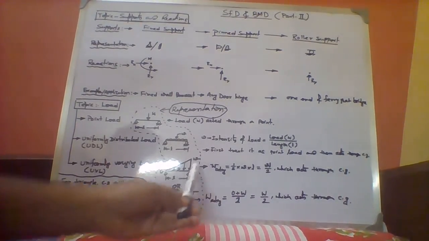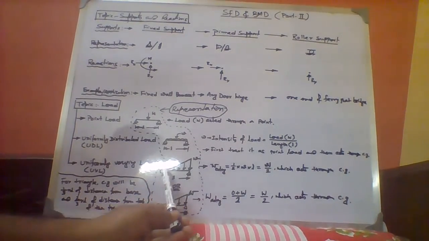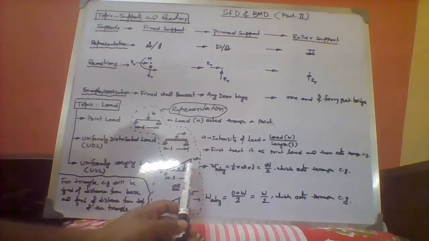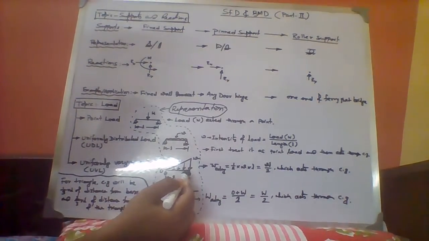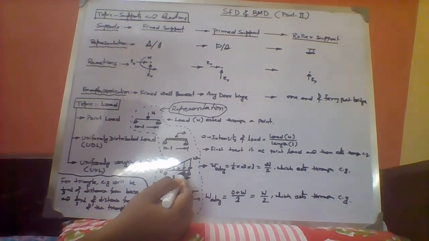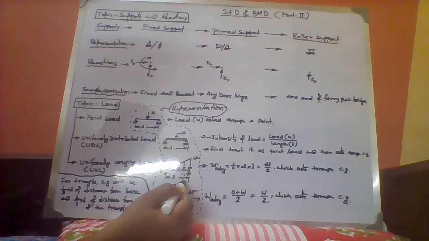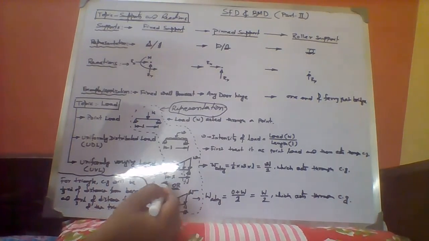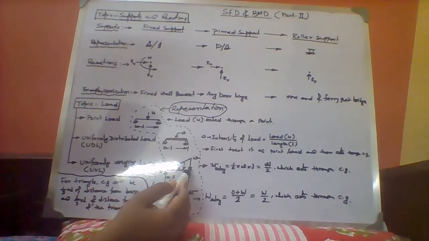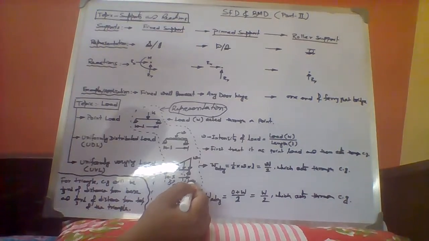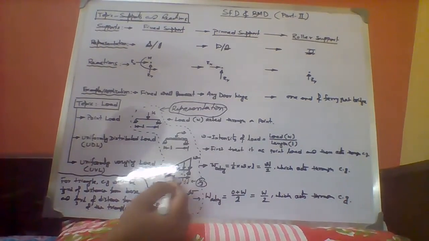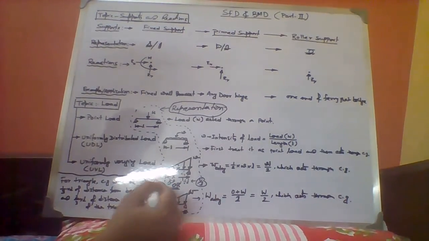If this is the base and this is the top, the CG will be somewhere here. This distance is 1/3 of L, and this distance is 2/3 of L. So from the base it will be 1/3 of L, and from the top it will be 2/3, as mentioned here.